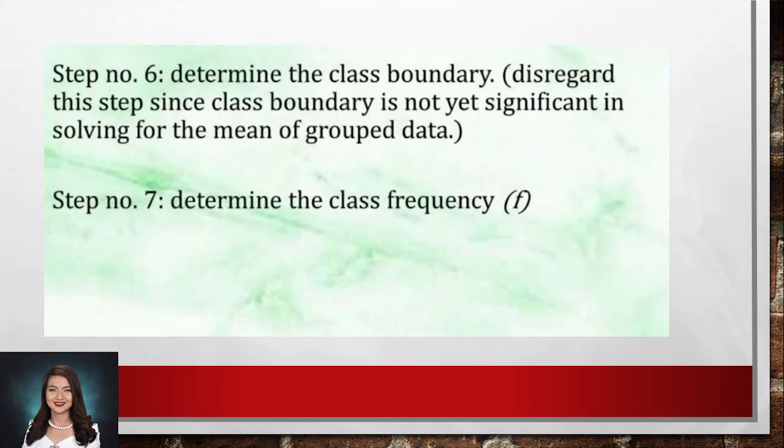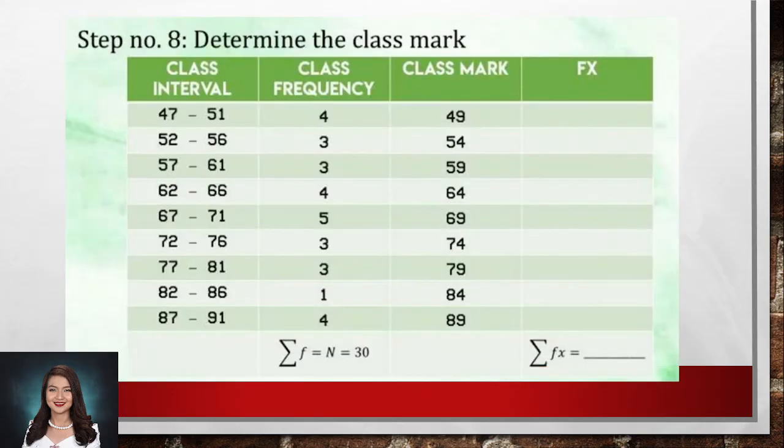Now, step 6 is to determine the class boundary. We're going to disregard this step since class boundary is not yet significant in solving for the mean of grouped data. And step 7, determine the class frequency, or how frequent those numbers appear in that group. Here is our table that we've created using those data.